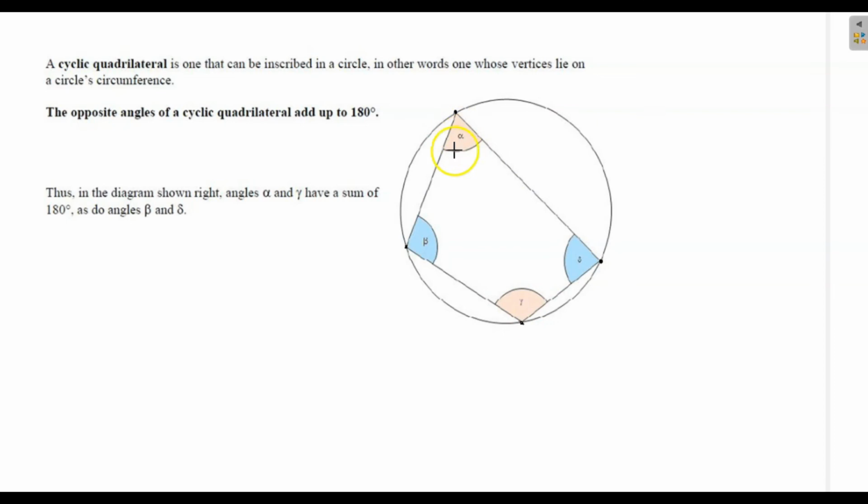Therefore, when you put these two values together, it should give you a total angle of 180 degrees. Likewise, when you add up beta and delta, you must get an angle of 180 degrees, on condition that the whole shape gives you a cyclic quadrilateral. So let's verify that also with our software.